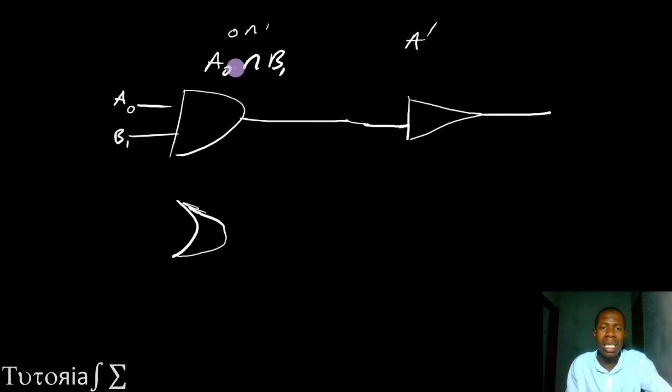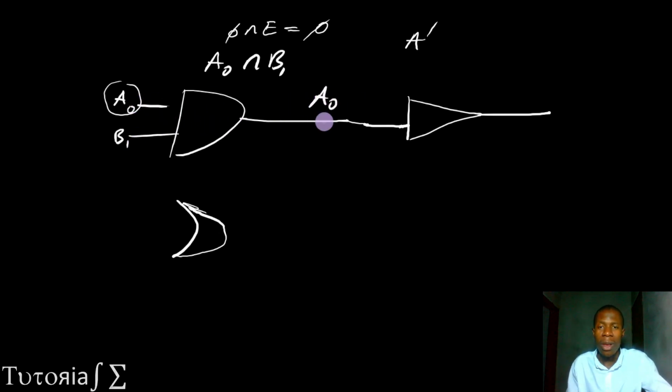That is an empty set intersection the universal set. So what does an empty set intersected with the universal set give you? It will give you an empty set, it will give you 0. So meaning that what will come out here in the AND is A0.